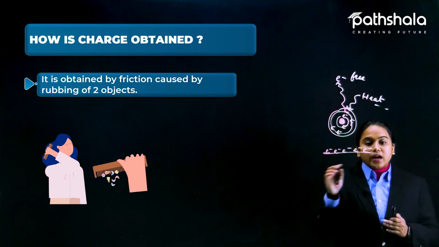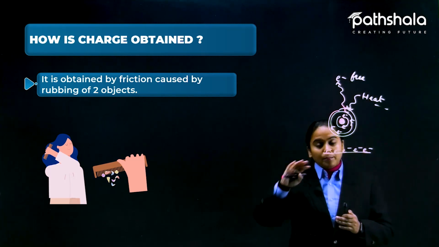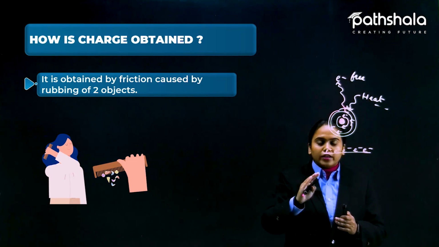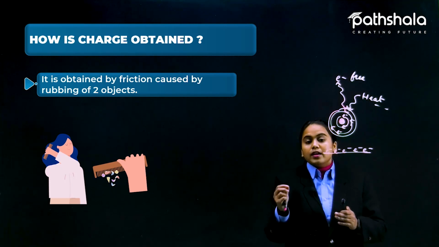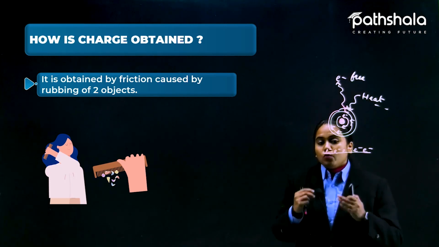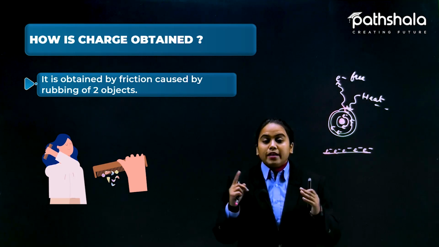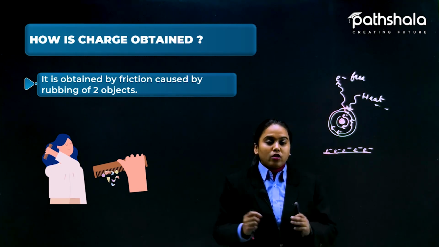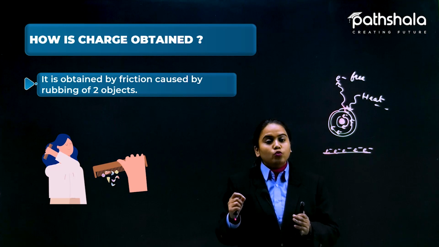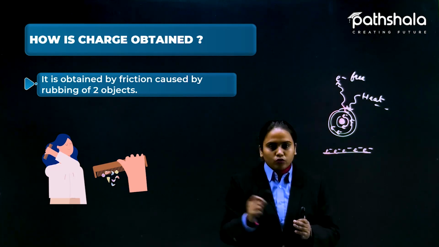If this were a conductor, students, then they would be moving from here to there. They can move because a conductor allows electrons to move through it. But insulators won't allow electrons or any kind of charged particles to move from one place to another or through them.